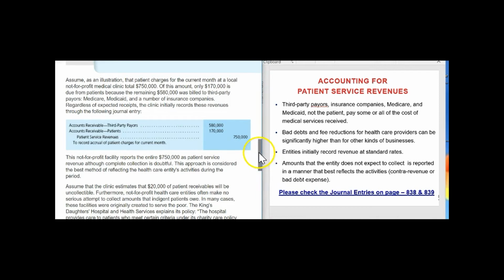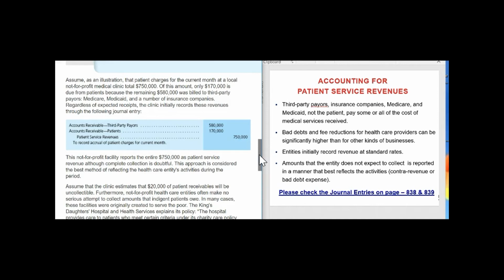Now we will see another example, and that example is related to uncollectibles, because it's very common that sometimes a healthcare entity may not be able to collect all of those patient service revenues. Some portion might be doubtful. So what they do is estimate the portion that may or may not be collectible.